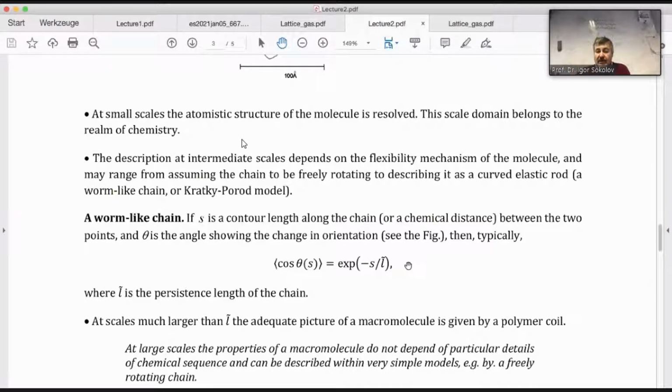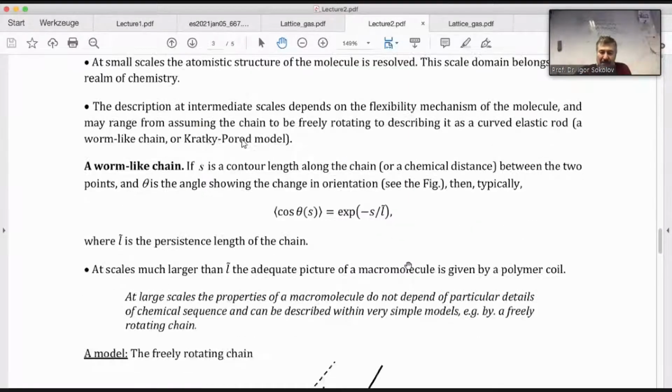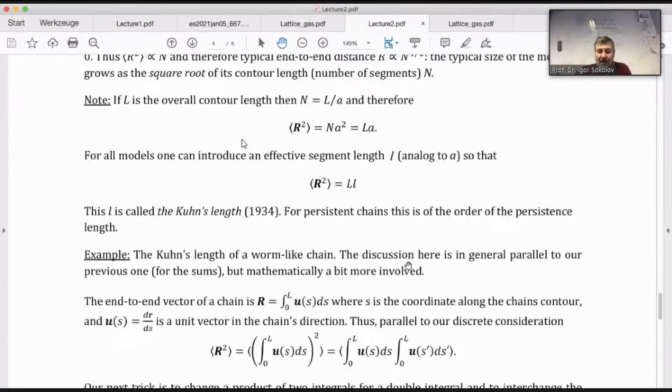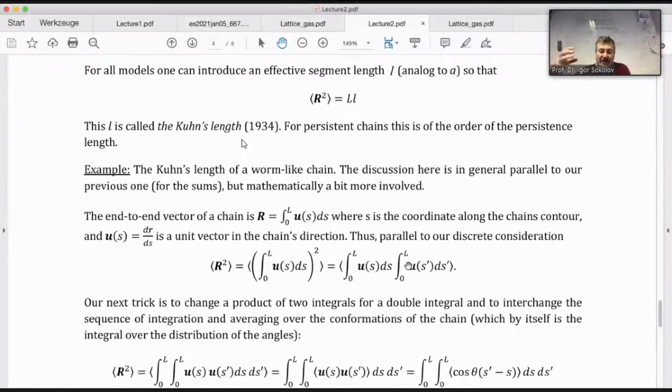For me, it's now a definition of the behavior of something I call a worm-like chain. I don't say that each worm behaves like this. I don't explain why a bulky, thick, fat chain behaves like this, but let's do it.